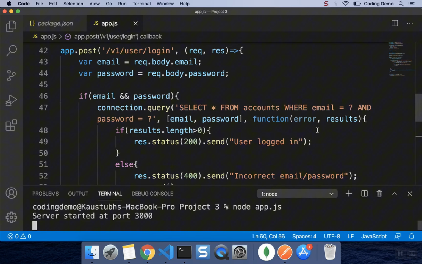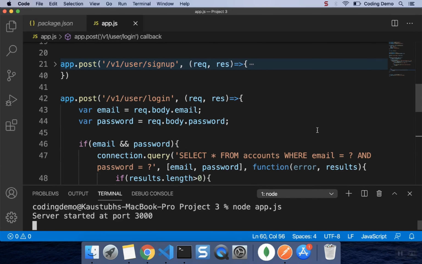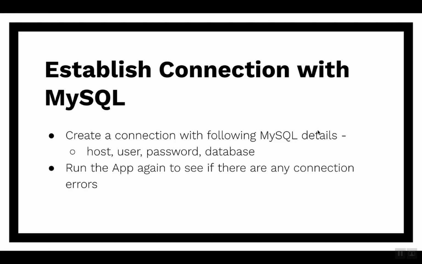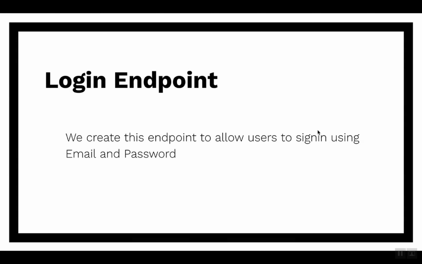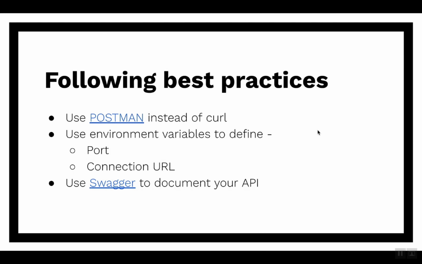Okay, so perfect. That was the user authentication application that we wanted to build using Express.js and MySQL. So that is it. We covered the sign up as well as the login aspect of it.